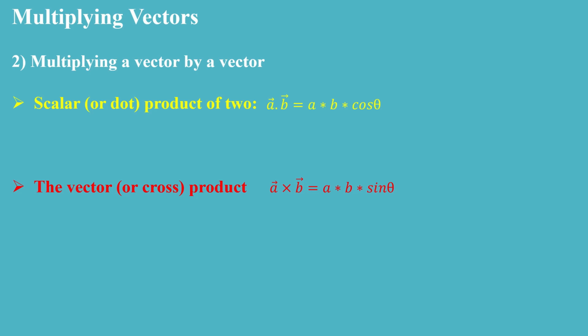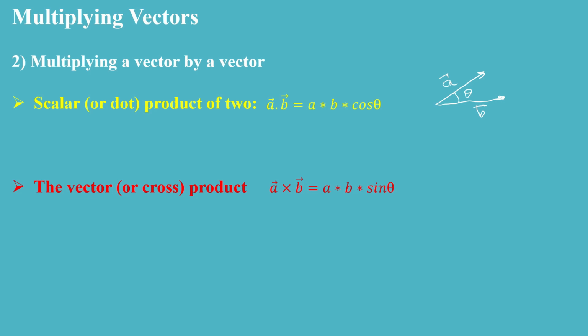The difference is, if I go with the dot, then A dot B is going to be vector A times vector B times cosine theta, and theta is the angle between vector A and B. For example, I have a vector A here, and this is vector B, and theta is the angle between them. However, the cross product is vector A times vector B times sine theta. So instead of going with the cosine theta, we calculate it with the sine theta.